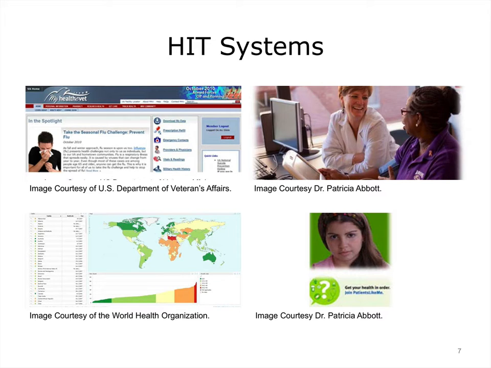Another interesting example of this is Google Flu Trends, which we'll explore later in this unit. But if you have an interest and you have a moment, look up Google Flu Trends online and read about it. It's quite fascinating. What Google Flu Trends does is illustrate the power of linked data from many different sources and how it can help us improve the health of patients, families, and communities.